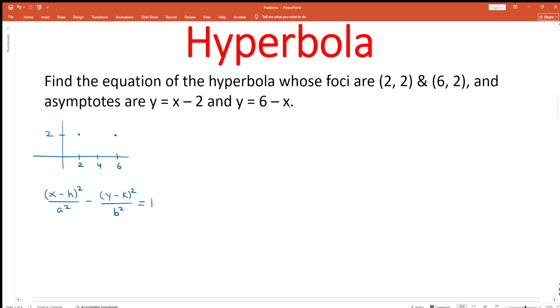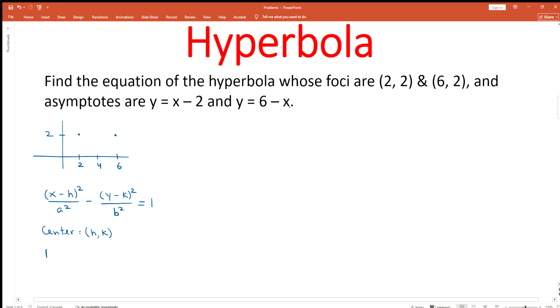As per this general equation, the center of the hyperbola is (h, k). The center of the hyperbola is the midpoint of the line segment that joins the foci of the hyperbola. We can find the midpoint of the line segment that joins the two given foci points using the midpoint formula.